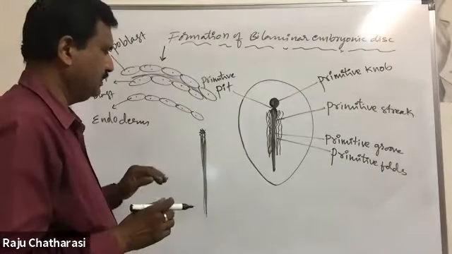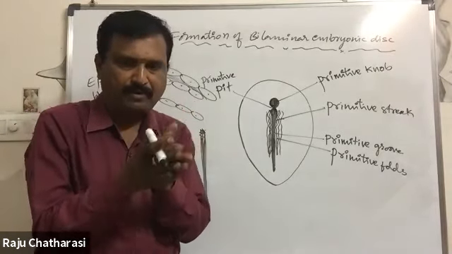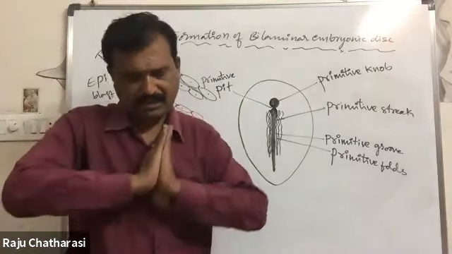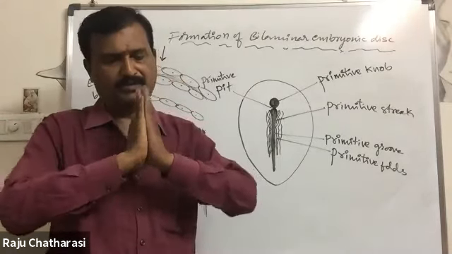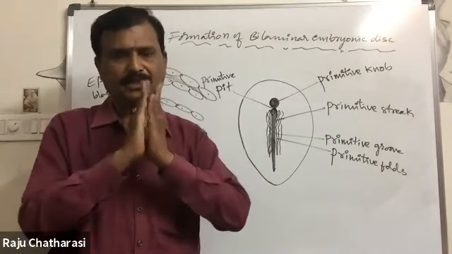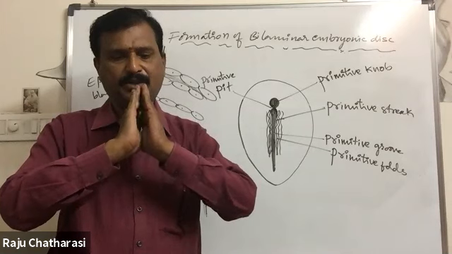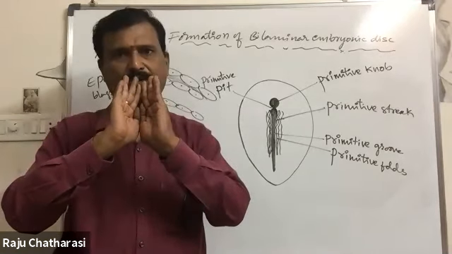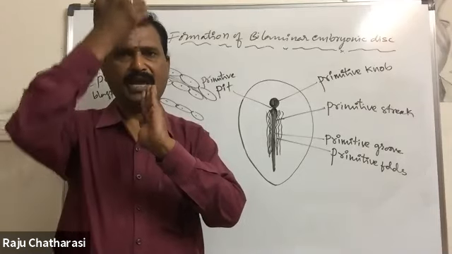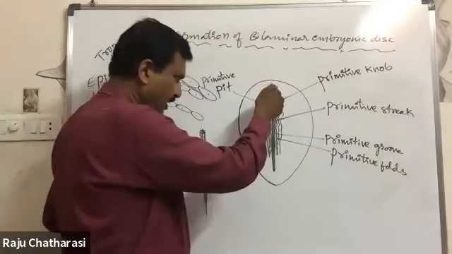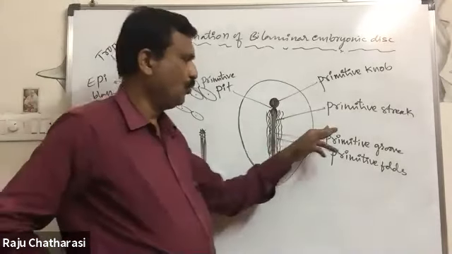Then this primitive streak gradually develops into a groove, just like a canal. The primitive groove is a longitudinal furrow-like structure.